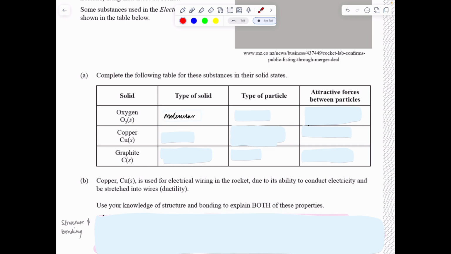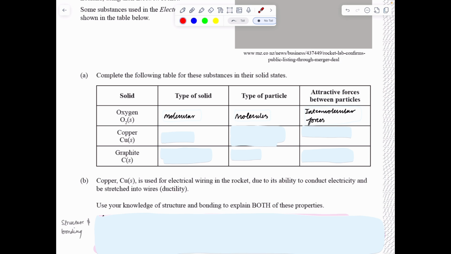So the type of particle is going to be molecules, that's what it's made up of, and the attractive forces between these molecules are going to be weak intermolecular forces. So between molecules is inter, and then the atoms which make it up are bonded together by covalent bonds. Do not get those mixed up. Molecules bonded by weak intermolecular forces, atoms bonded by covalent bonds.